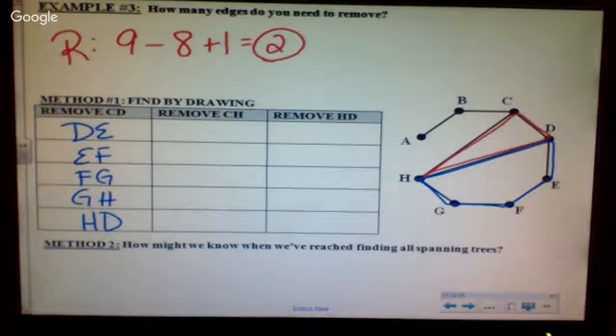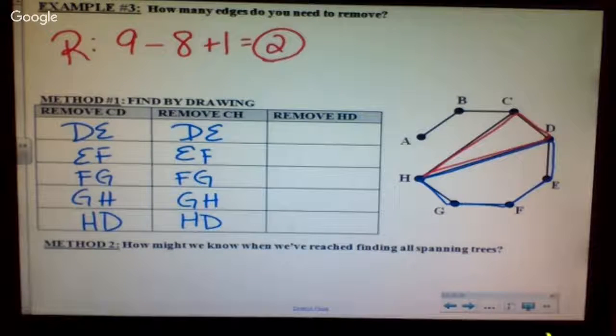Watch what happens. We're going to fill these in. It's the same exact thing. I can match CH with any of these 5 options. I can match HD with any of these 5 options.